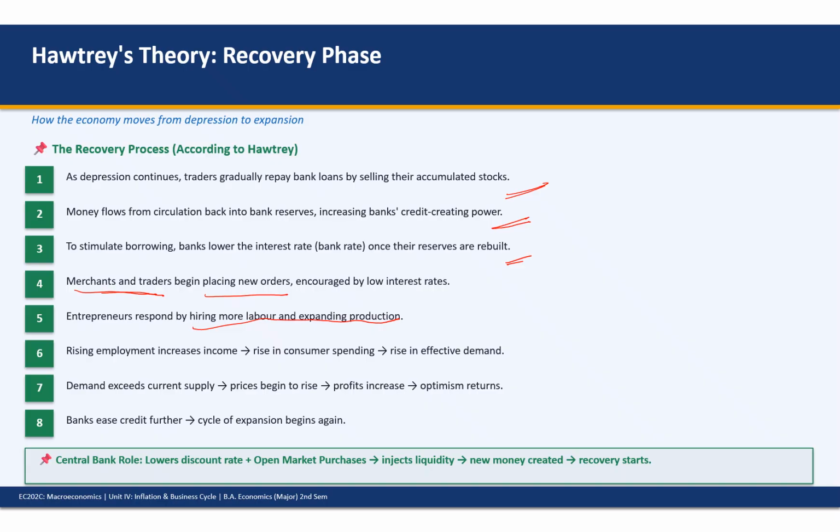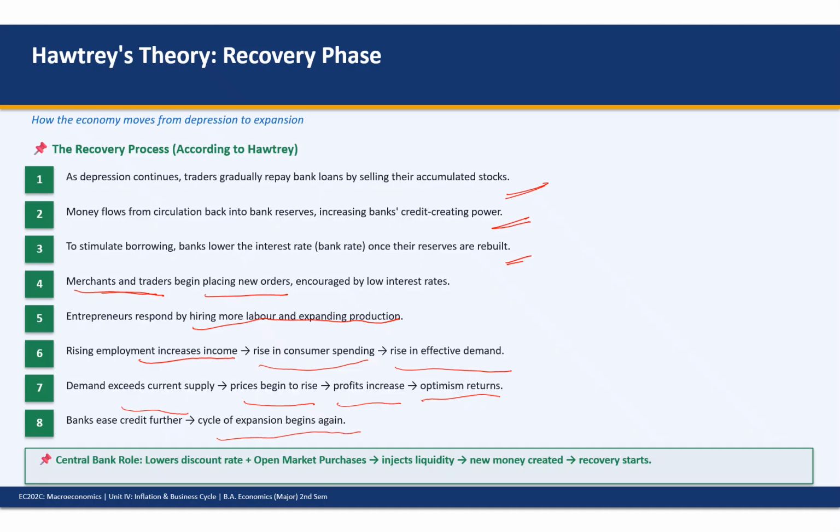As employment rises in the economy, income also rises. Then we see a rise in consumer spending, which leads to a rise in effective demand. When demand starts exceeding the current supply, prices begin to rise, profits increase, and optimism in the economy returns. The banks ease credit further and the cycle of expansion begins again.